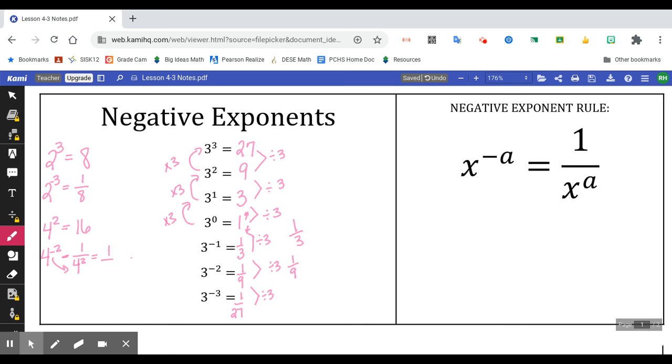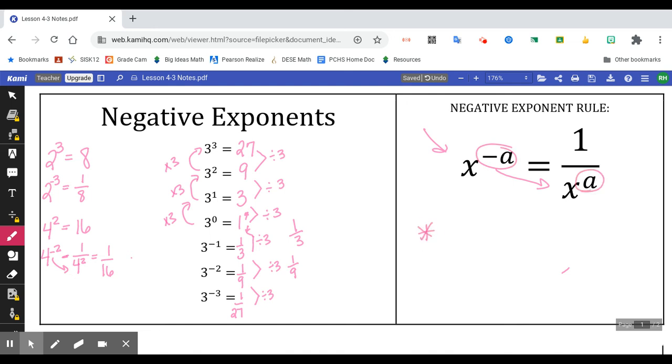So this gives us 1/16, if you take it one step further and simplify it. So when we're talking about variables, like this guy over here, x to the negative a, we can't actually solve. So it becomes the positive reciprocal, the opposite reciprocal. So this would be dropping to the bottom, and the a becomes positive a.